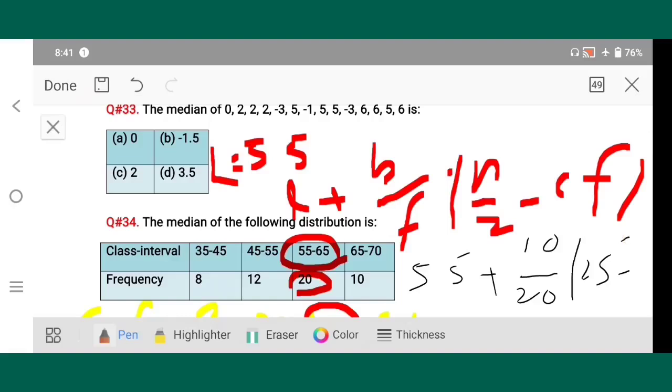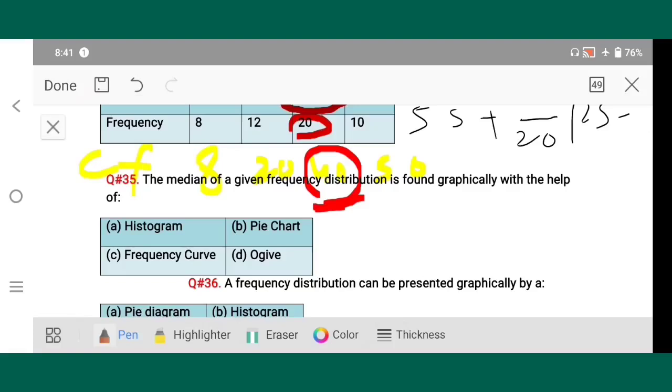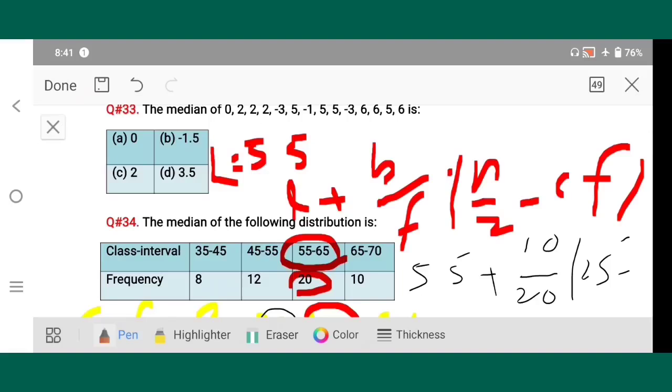Then what about the CF? CF is 20, that is above the median class. So write down 20.